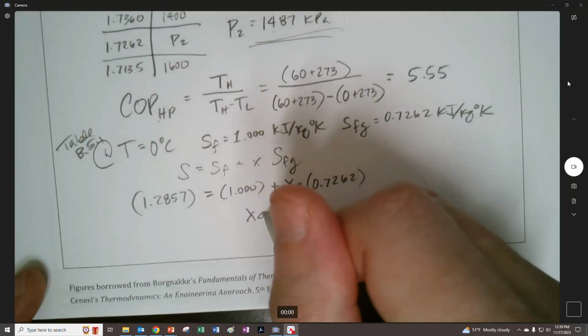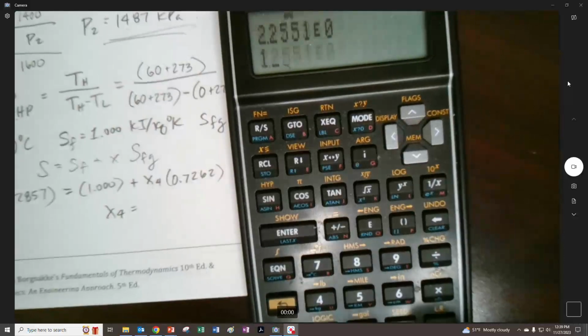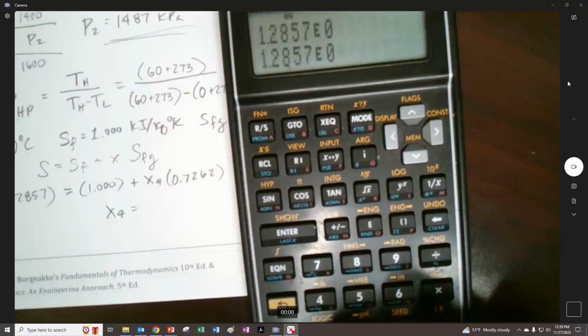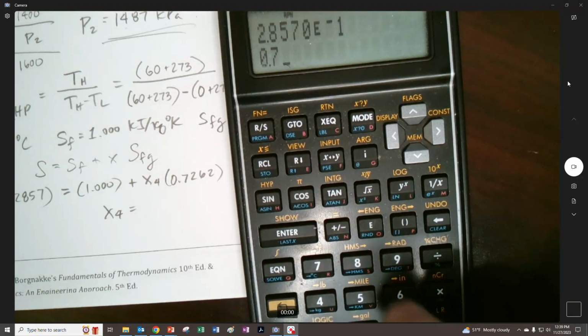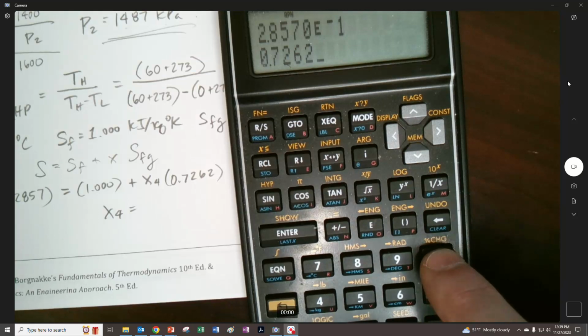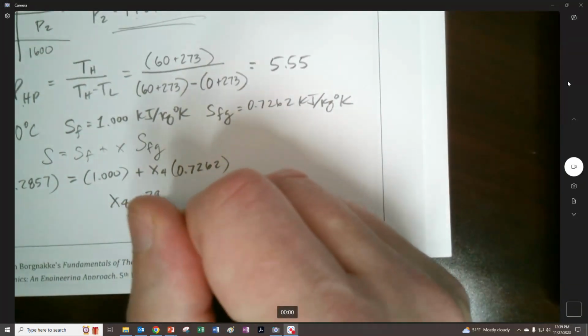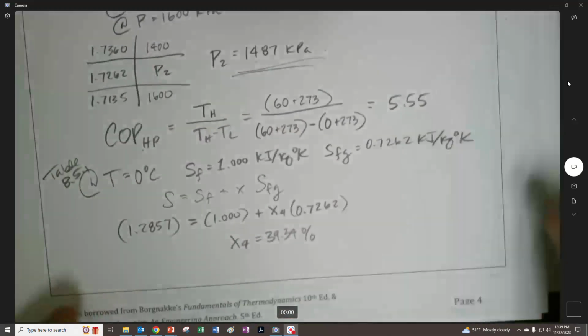And X4 is going to be 1.2857, subtract 1 out, and divide by 0.7262. And you end up with 39.34%.